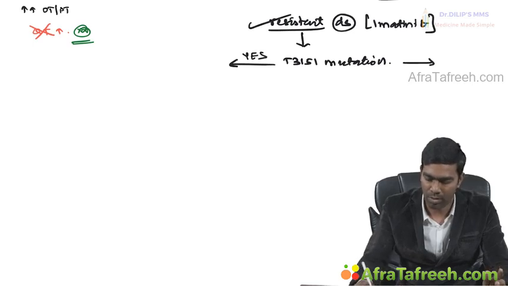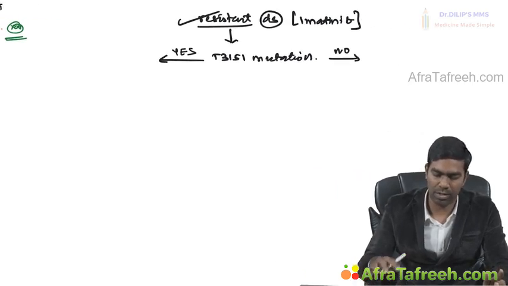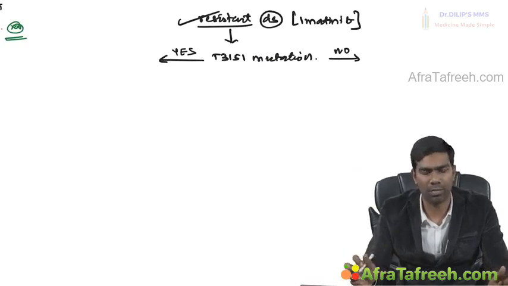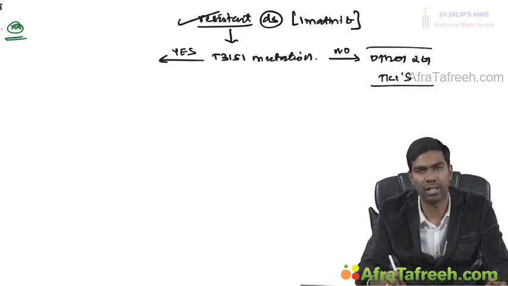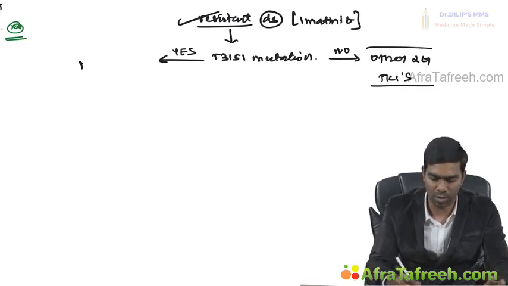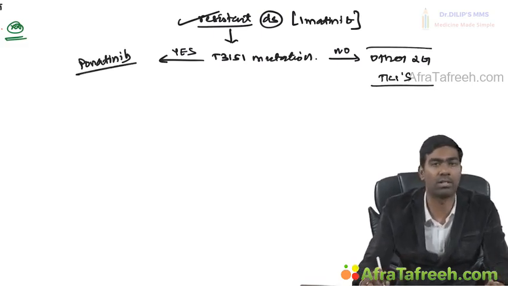Yes or no? If no, it's not a T315I mutation, and you can use other second generation TKIs, no problem. But if it's a T315I mutation, obviously you have to go for only one drug, that is ponatinib. Please don't choose drugs like omacetaxine and all, even if it is effective.